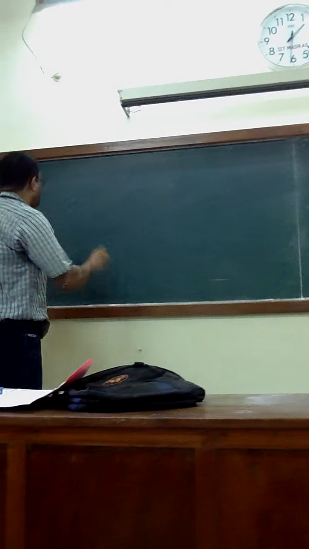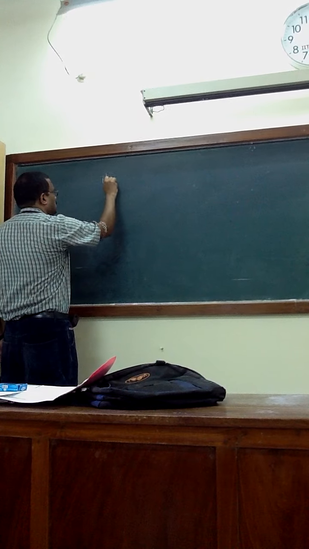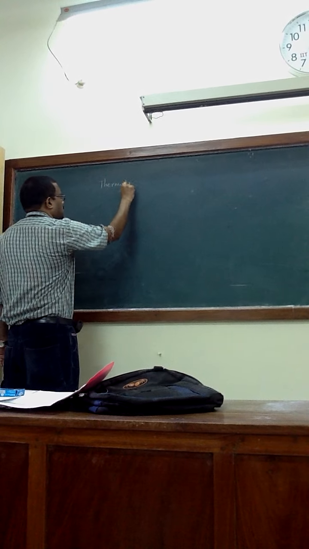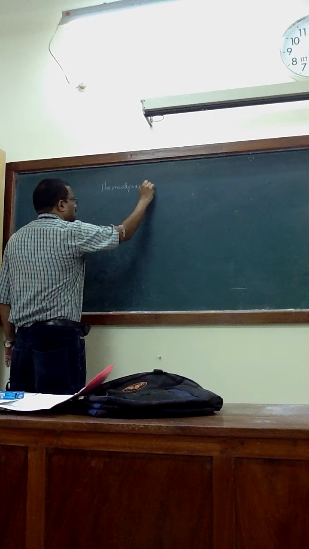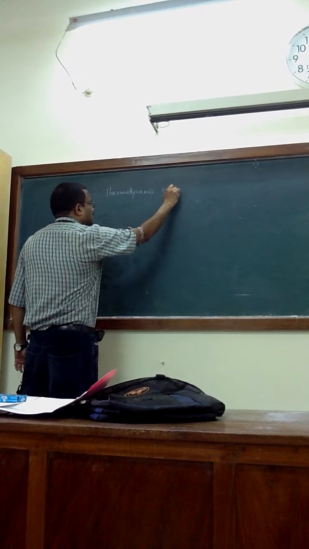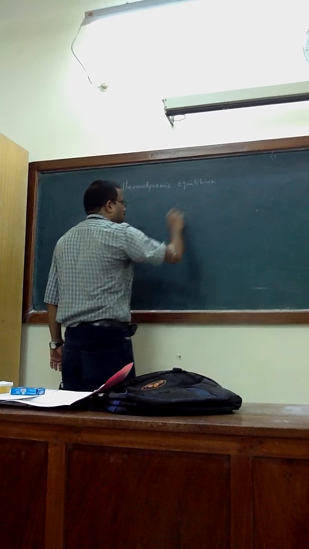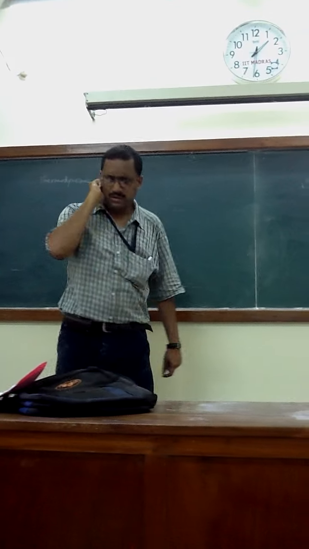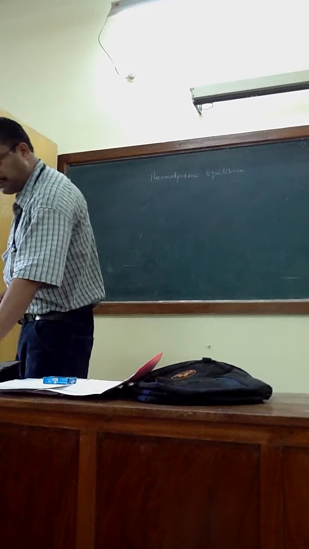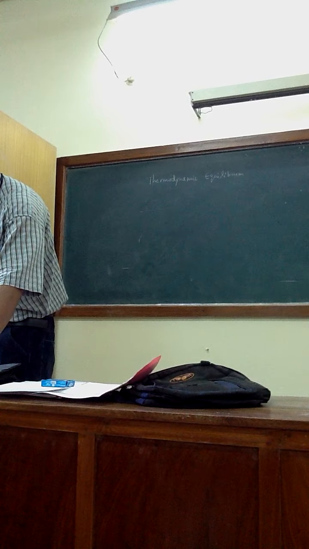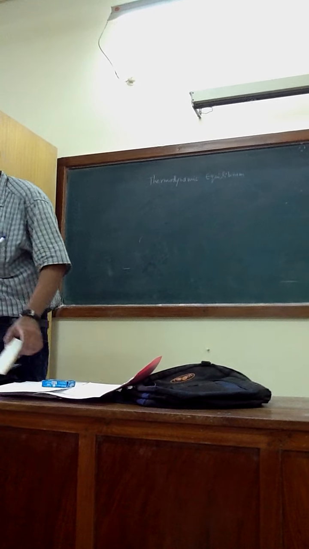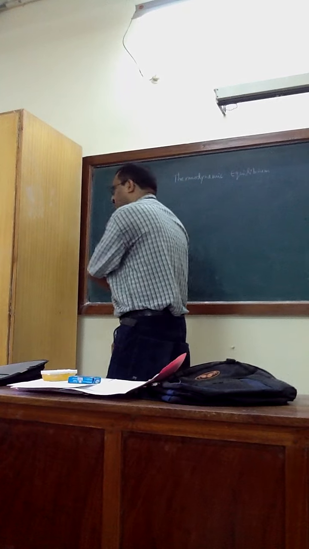So, thermodynamic equilibrium. This duster is here, it is in equilibrium. If I put it like this, the duster will go to the top or the bottom, a different equilibrium.